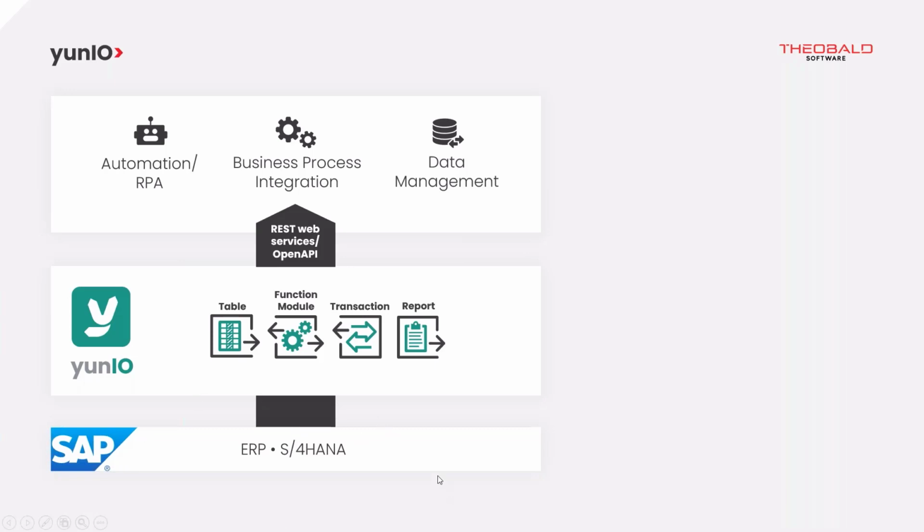For the connection to the backend SAP system, some ports need to be opened, and then we can access different SAP objects, for example, tables, function modules, transaction codes, and reports.